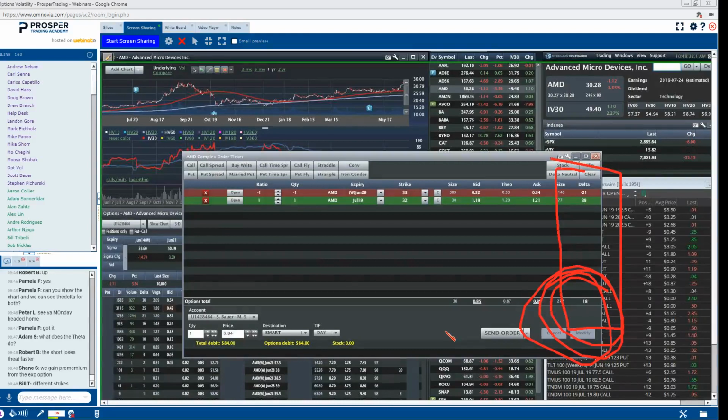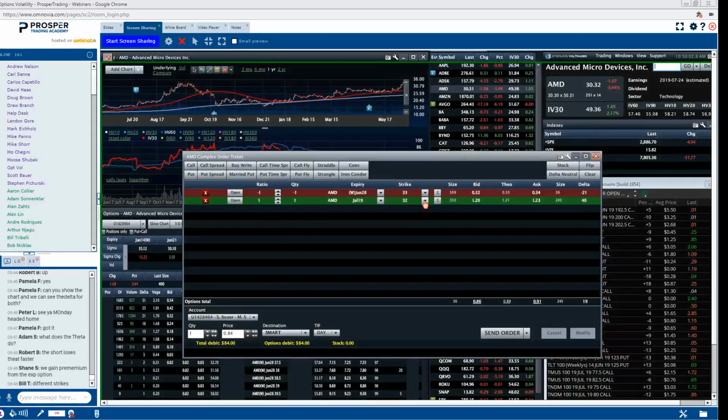Because we're buying a lower strike call than we're selling, in a vertical spread, you get delta. In a vertical call spread, if you're long it, you get long delta or positive delta. In a vertical put spread, you get short delta if you're long the spread. So here you can see the delta of this spread was 19.